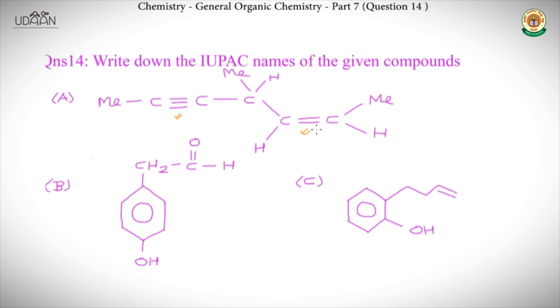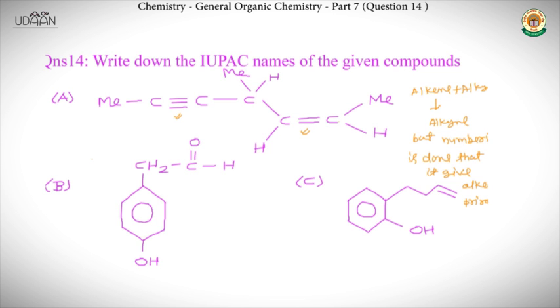As we have studied in our theory part, if a compound contains alkene and alkyne both, then the compound is termed as alkyne, but numbering is done in such a way that it gives alkene priority. So this is the basic concept of this question.